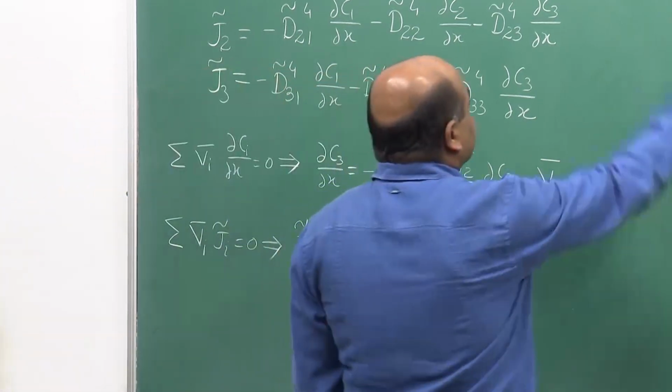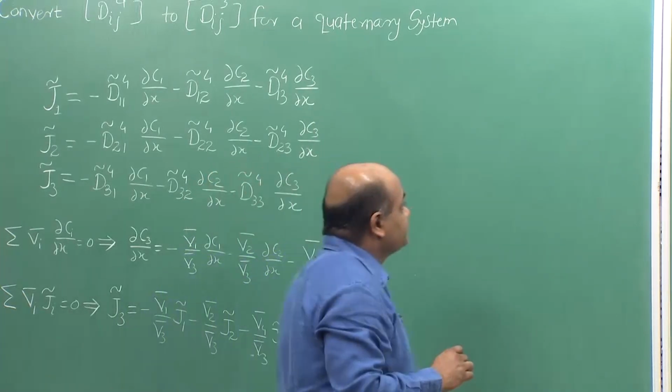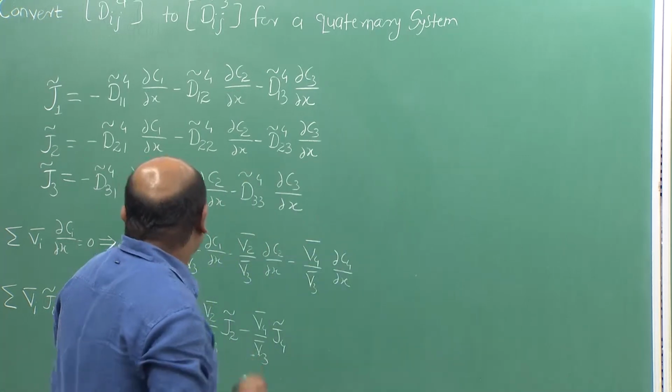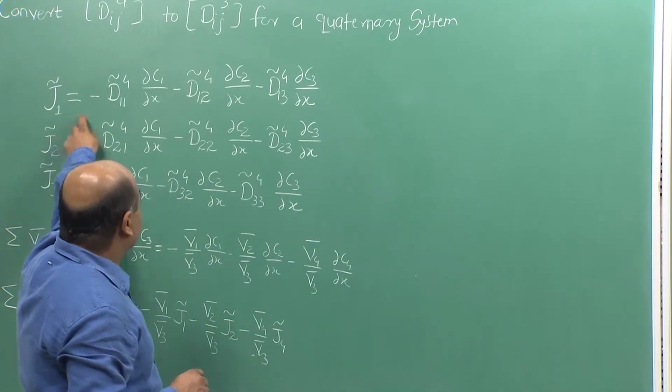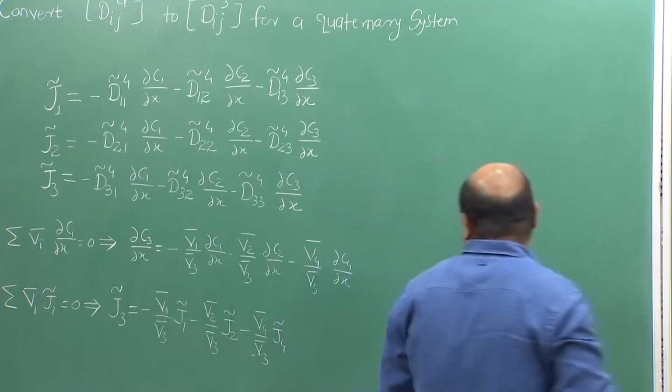Okay, so now let us substitute. Let us take the expression for J1 tilde and substitute for the gradient of 3.